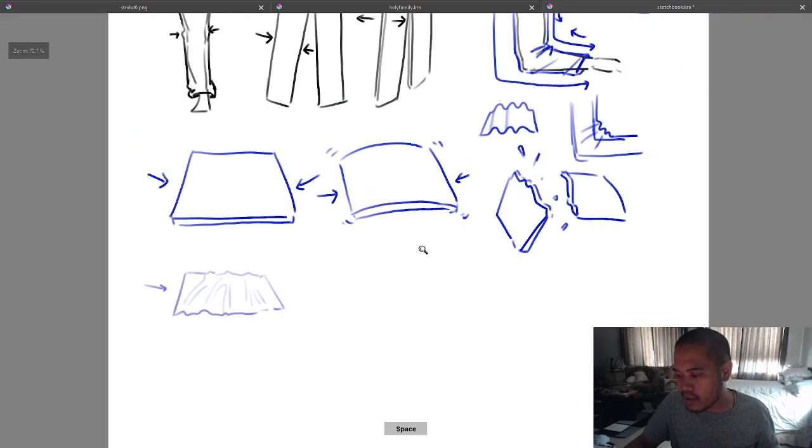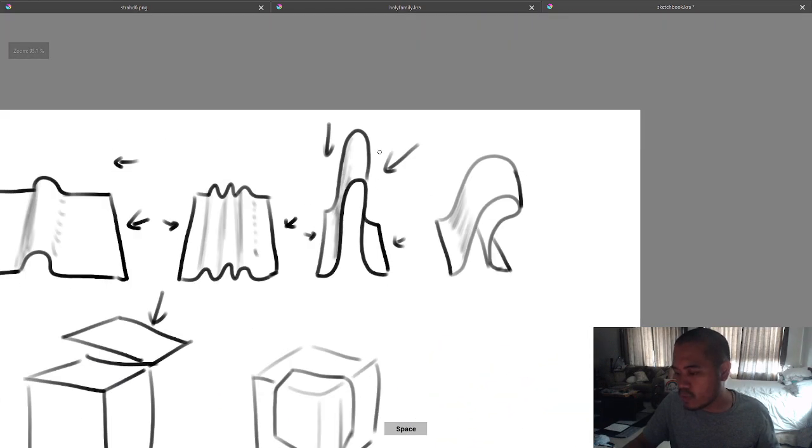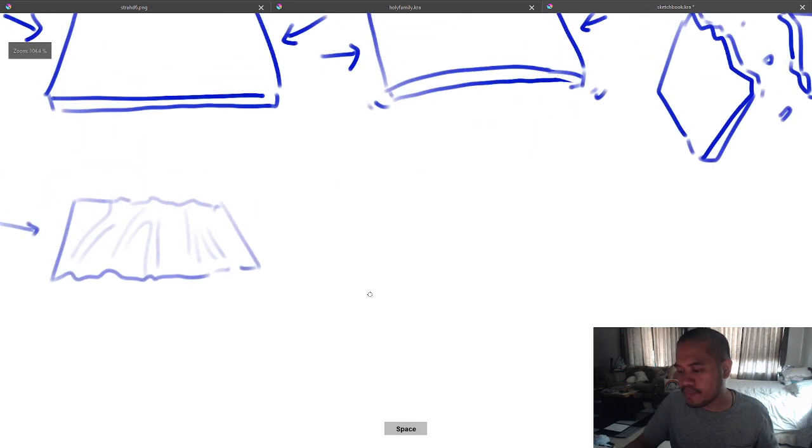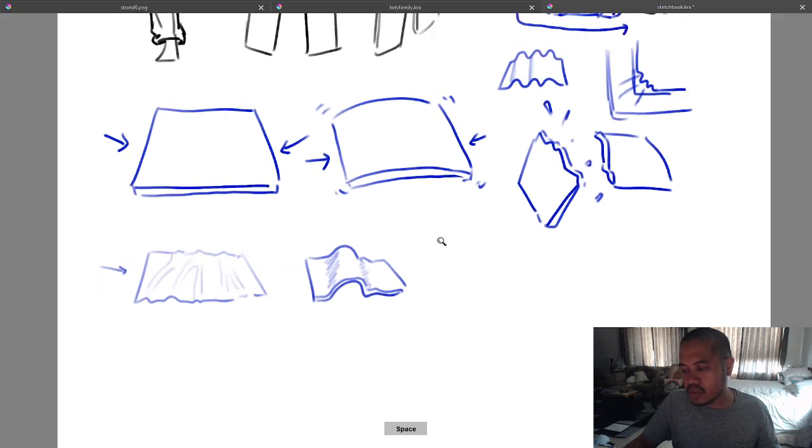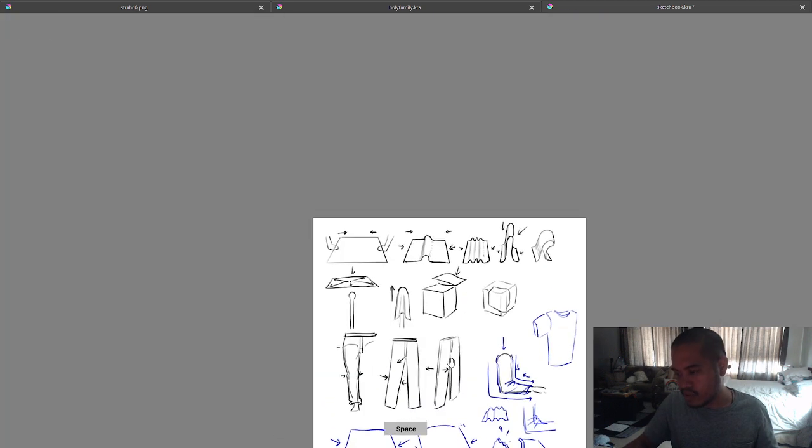But if it was leather, then it would be something more like this, where the fabric is thicker, so it wouldn't be able to fold many times that way. So a leather cloth might just fold once or twice, and it'll be kind of thick. Let's give it some thickness here, like that. So I think this is all the demonstration I'm going to do for now.